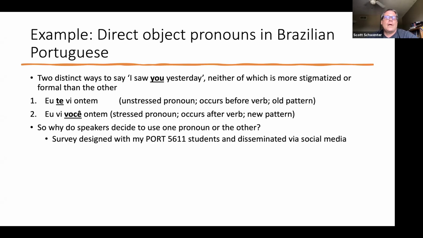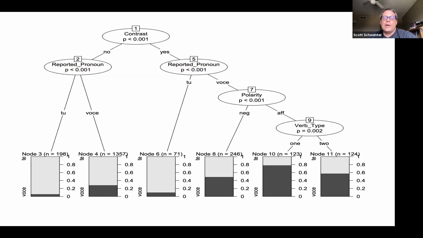And so we, with my students and my Portuguese 5611 course, we designed a survey, we looked at natural data, we disseminated the survey via social media, and here's what we came up with. So I won't go through this for you, but this is the kind of thing that a linguist does, right?